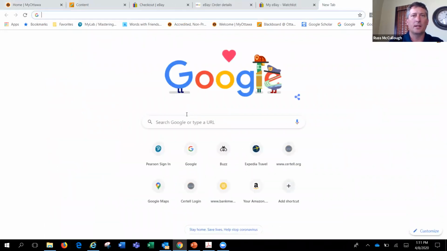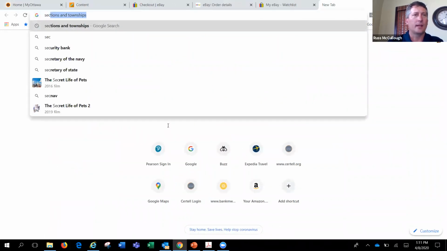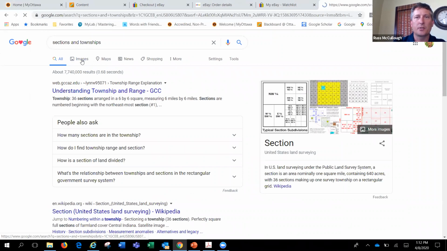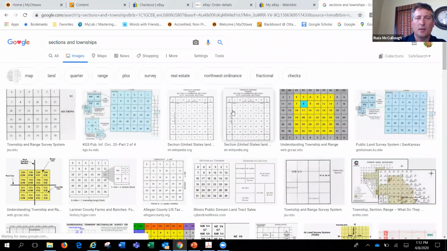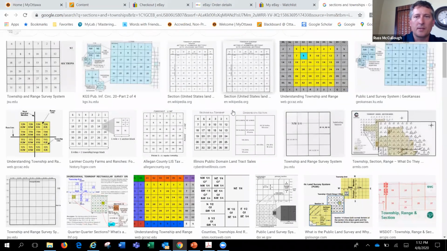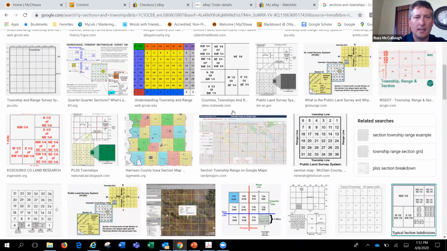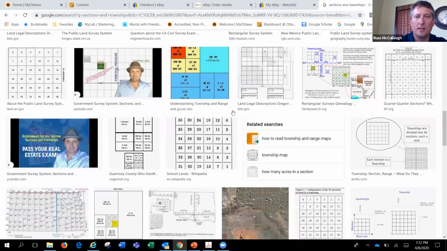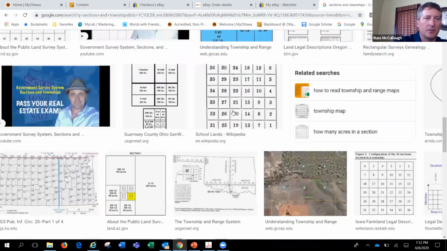If you Google, I think I did it the other day, sections and townships, there are some nice pictures under the images. Let me show you a map of a state. At least I thought I saw one the other day. It's just nice to see the whole state.